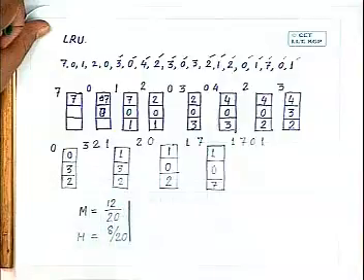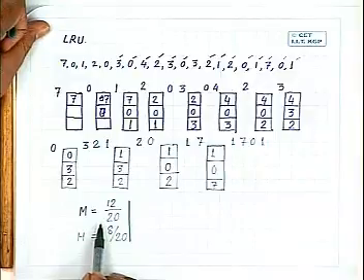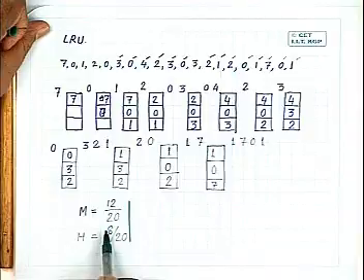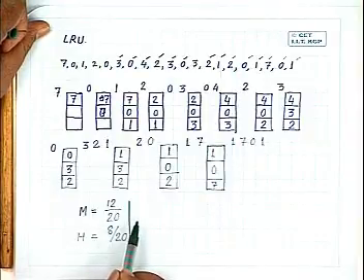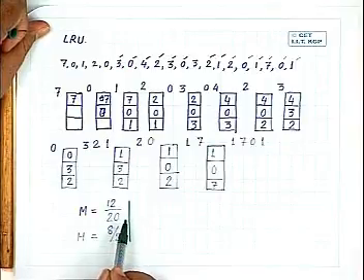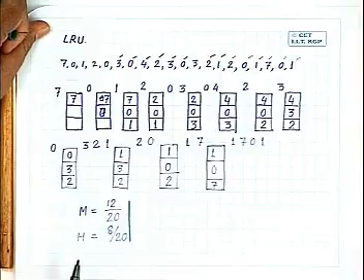So this LRU technique is an approximation of the optimal algorithm, and we have seen that the performance of LRU is better than that of FIFO, but obviously less than that of the optimal algorithm because the prediction is not always true. But in most cases the prediction will be true.